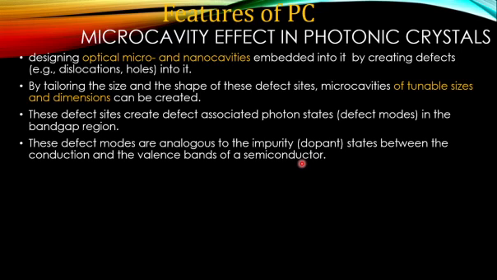As you know, when a pure semiconductor is doped with a p-type or n-type material, a donor level or an acceptor level is introduced in the energy gap region so that it can facilitate conduction. Similarly, in the band gap region, a defect mode is a new allowed mode, or energy, for the photon within the energy band gap.